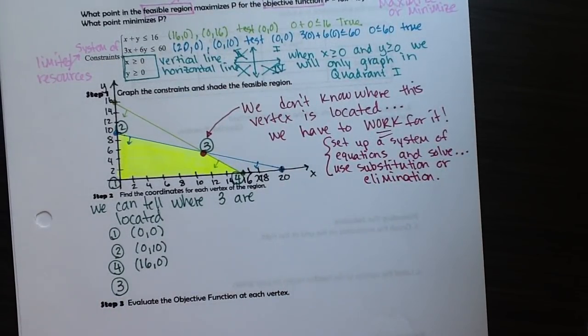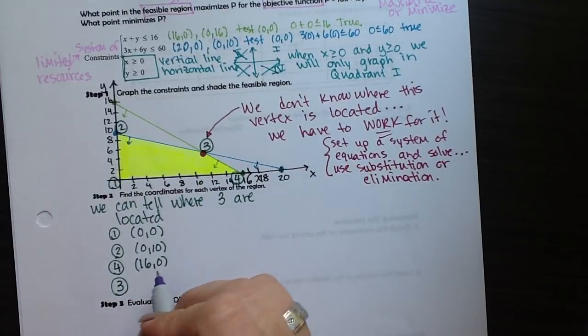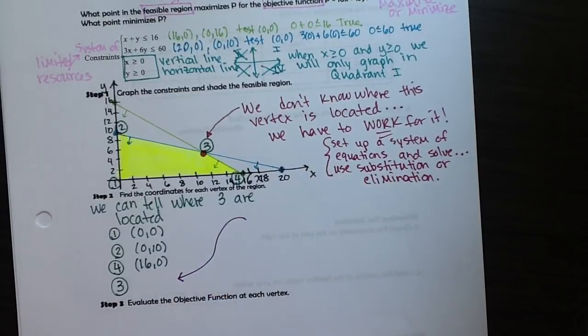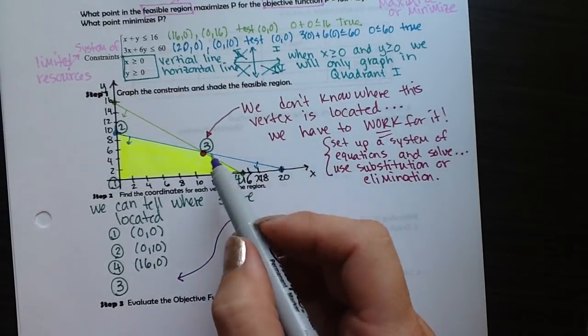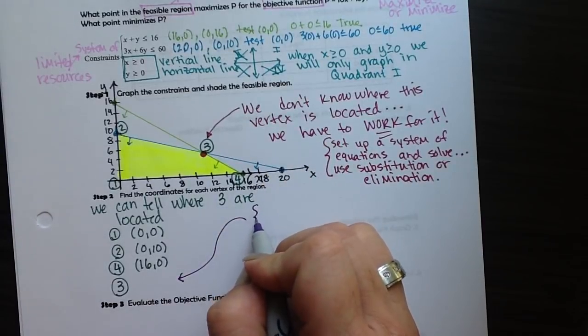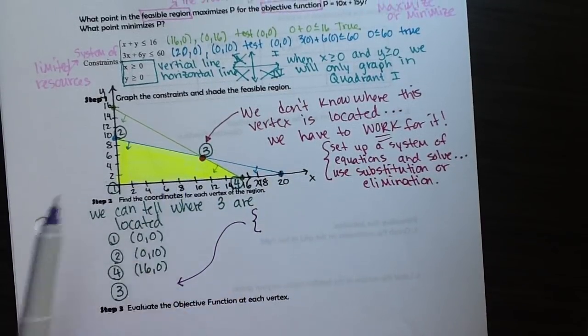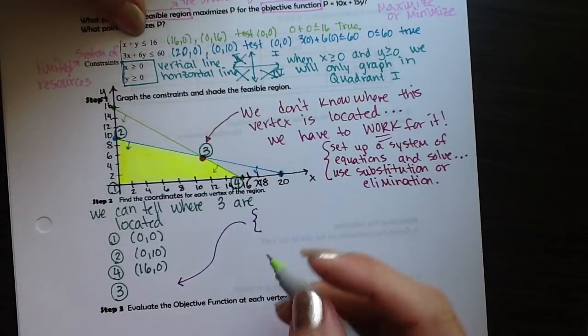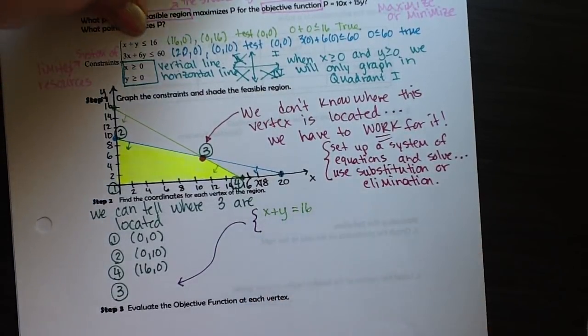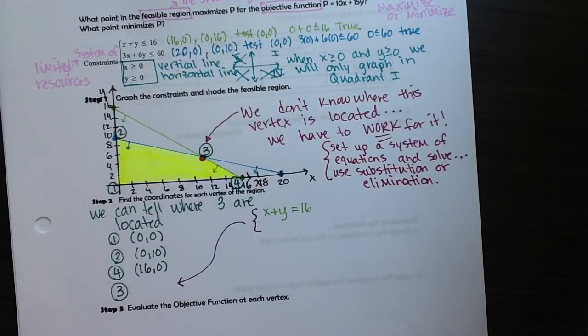So I am going to figure out the equations for those two lines that cross right here. For the third vertex right here, I'm going to set up a system of equations. My green line was x plus y, and we just change it to equals 16 when we set up this system.